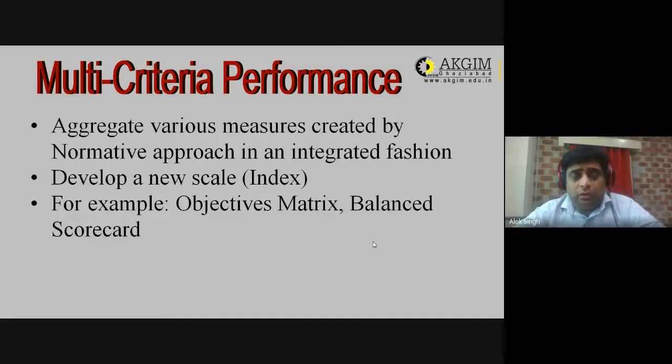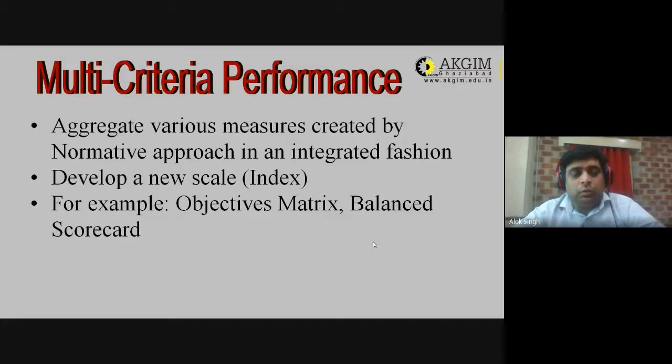If you are better in ease of doing business, then only you will be doing well in terms of improving your economy, GDP, and improving your position across the globe. So countries are working towards this, and companies are also working towards improving their index, developing new skills. That is multi-criteria performance. Objective metrics are there.